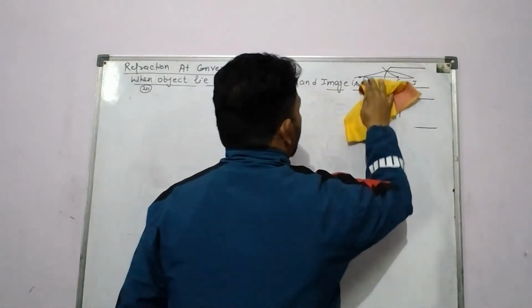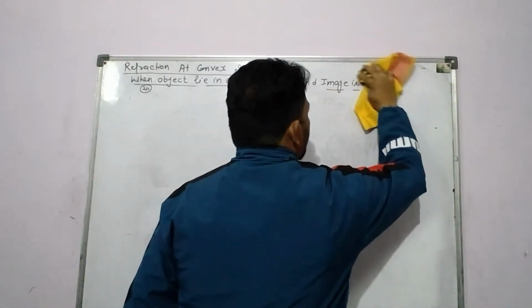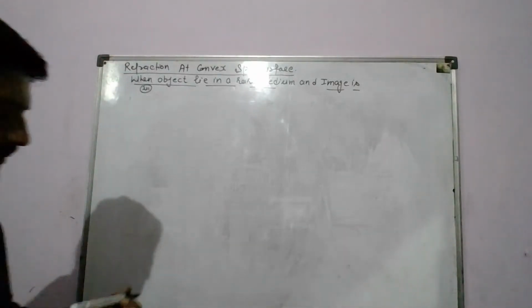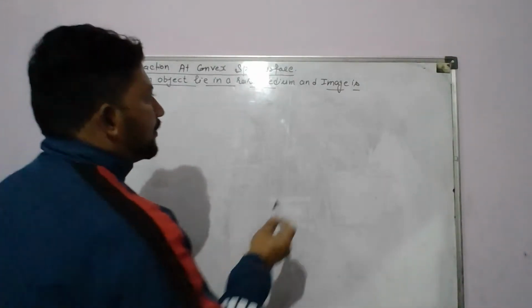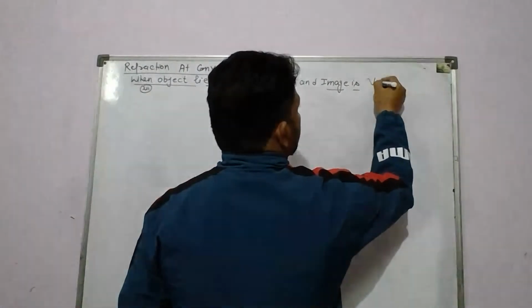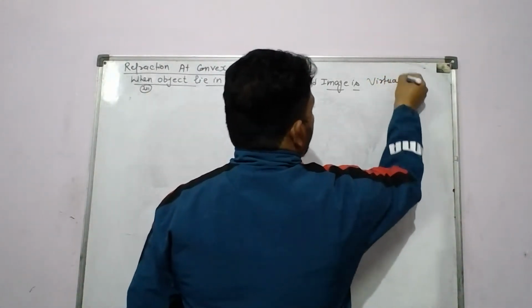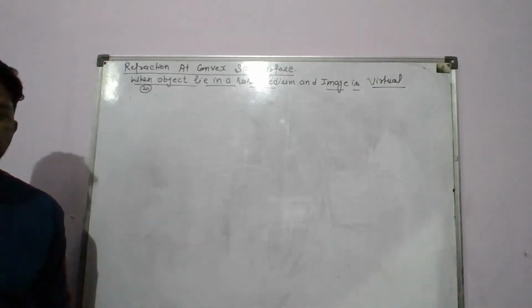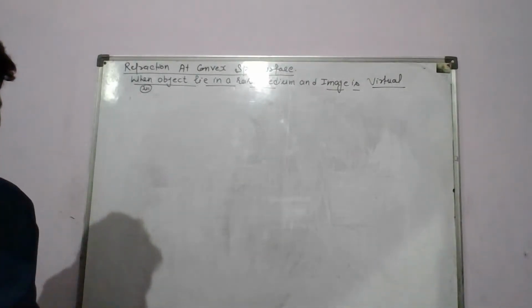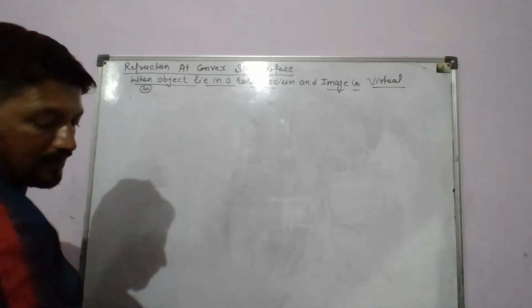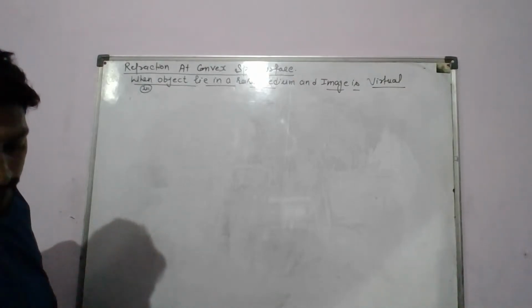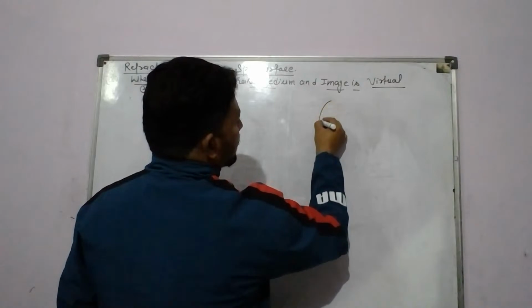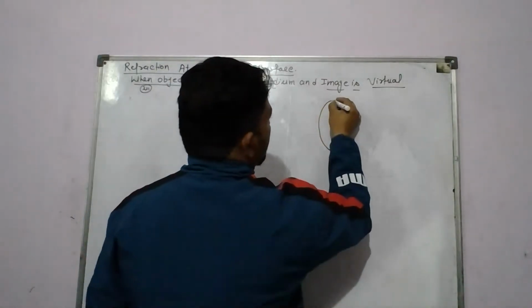Here image is virtual. First we wrote image is real. So how to solve this? Image is virtual. So this is the convex spherical surface.